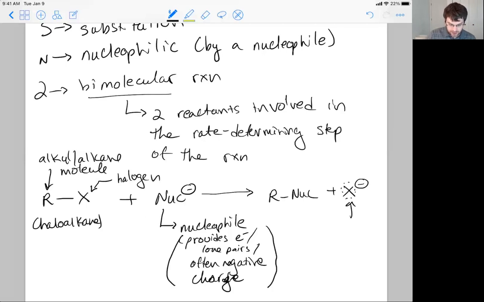With that additional lone pair, its formal charge, if it's a halogen, is group 7, minus 0 bonds, minus 8 electrons. That's a -1 charge. Now we formed a new bond between R and our nucleophile. The thing to recognize is that X serves as the leaving group.